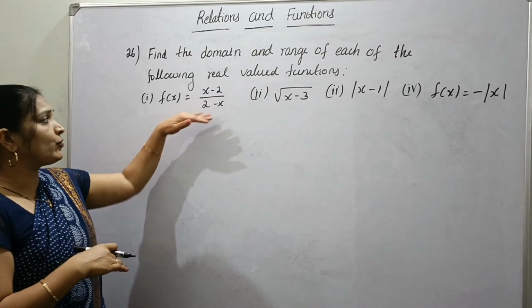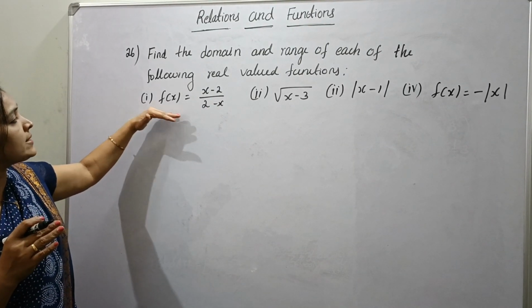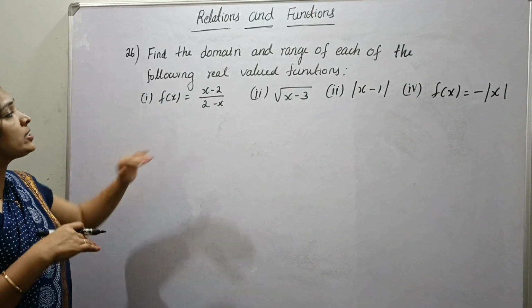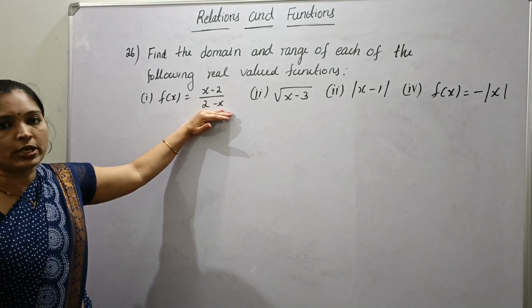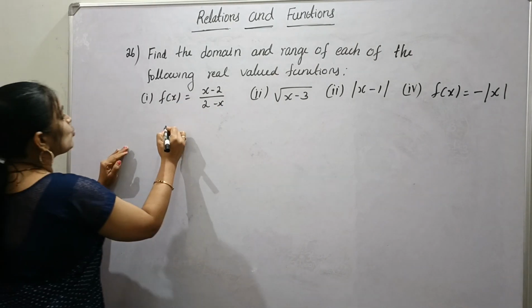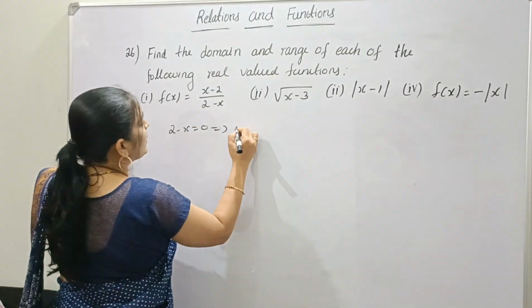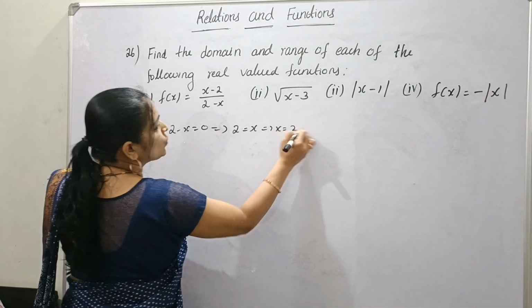As I mentioned before, here also the denominator should not be 0. So the function f of x is defined for all real numbers except 2 minus x is equal to 0, which implies 2 is equal to x, that is x is equal to 2.